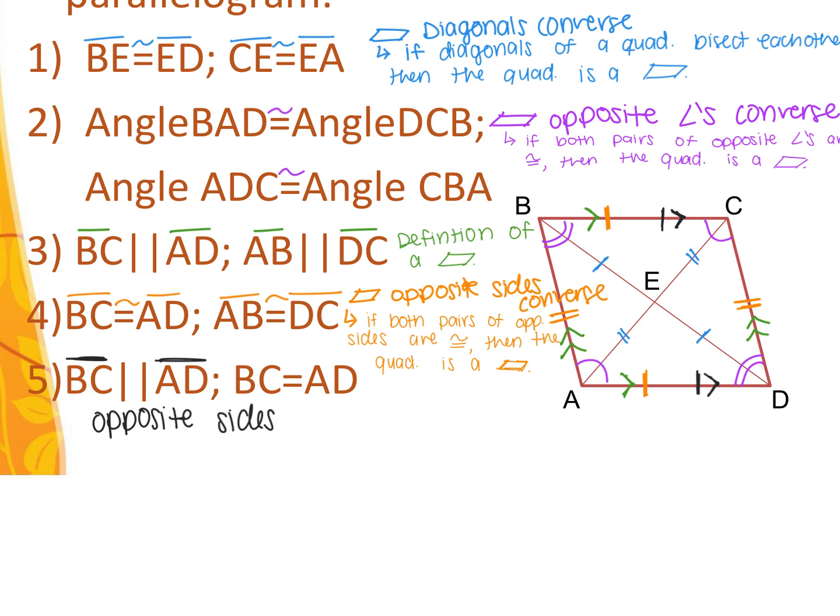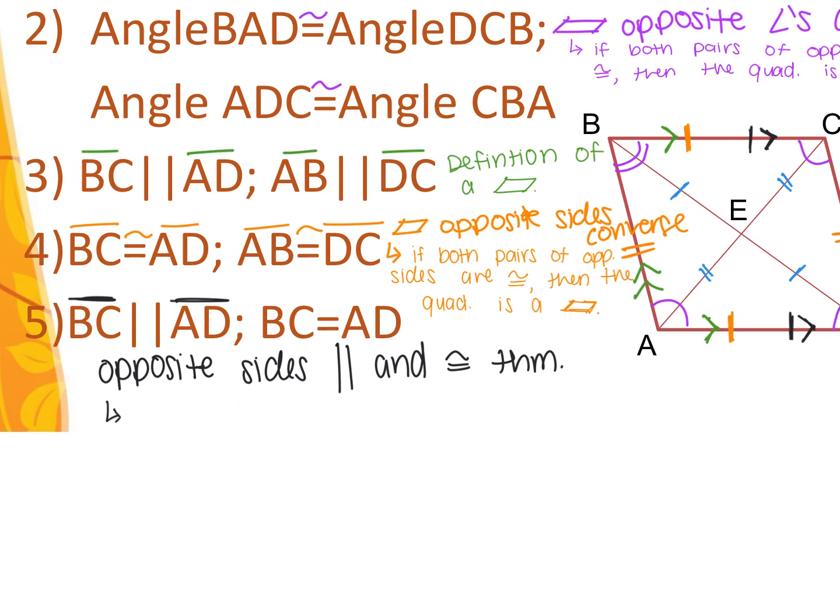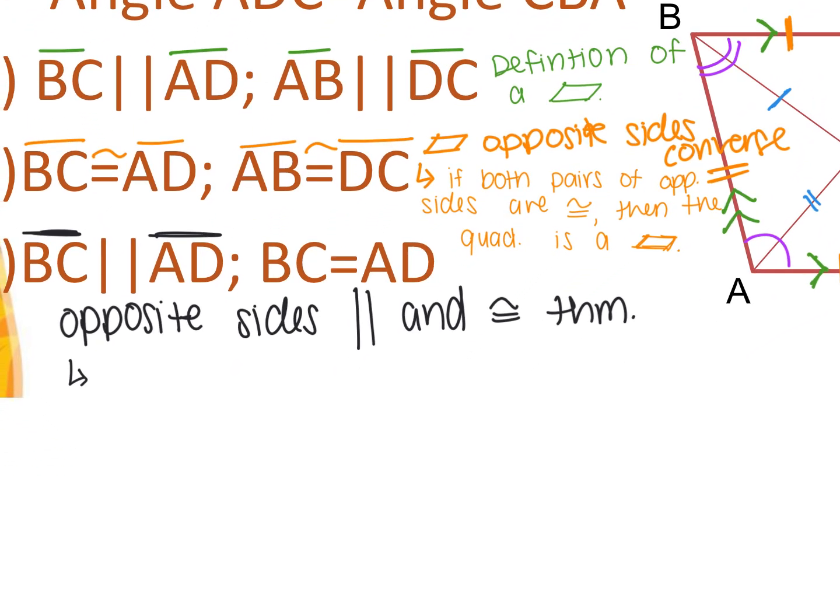So this one is opposite sides parallel and congruent theorem. And stating what this one is, it states if one pair of opposite sides are congruent and parallel.